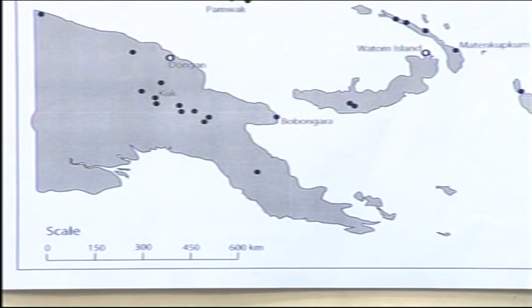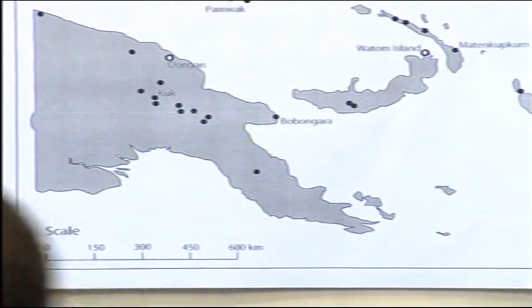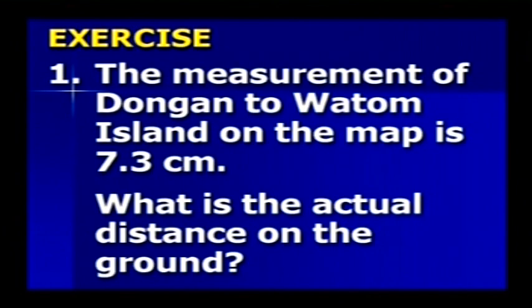The question says the measurement of those two places, Dongan to Watam Island, on the map is 7.3 centimeters. What is the actual distance on the ground? What are you going to do?